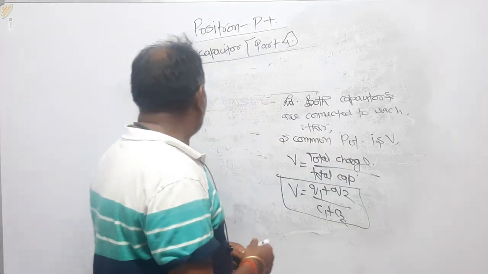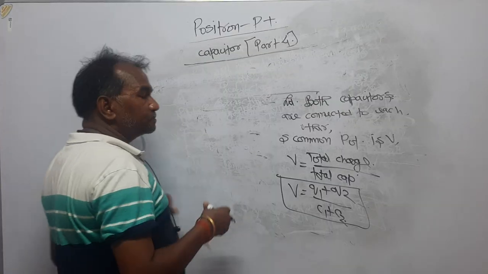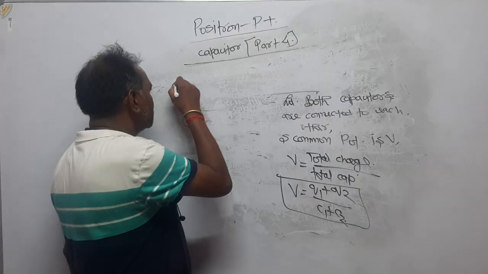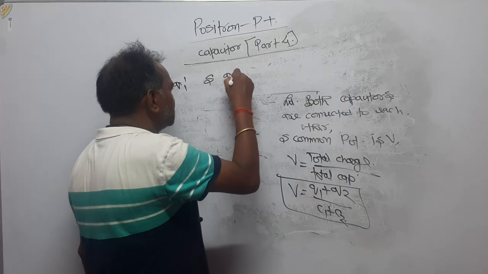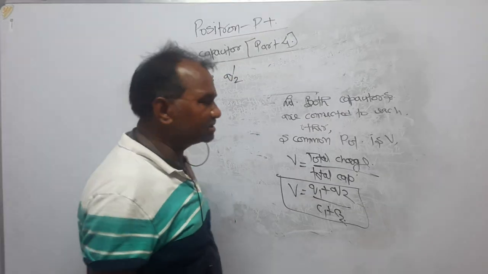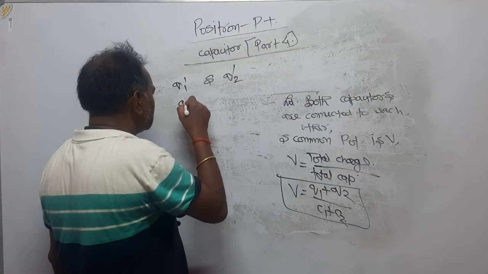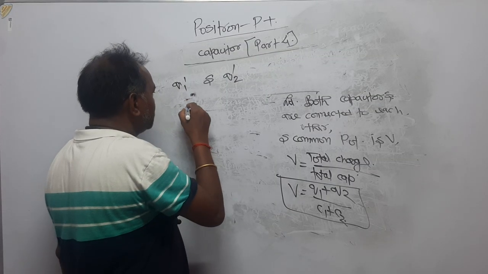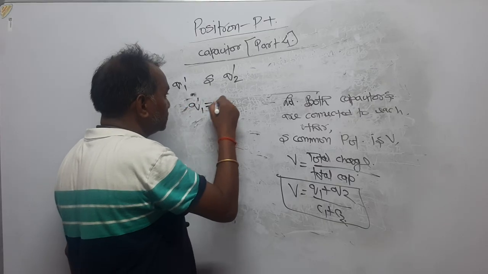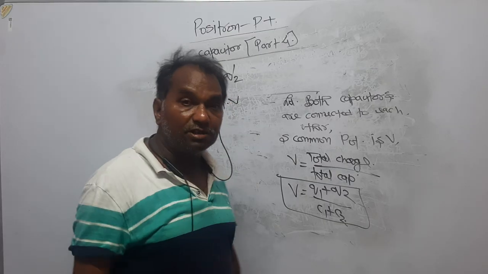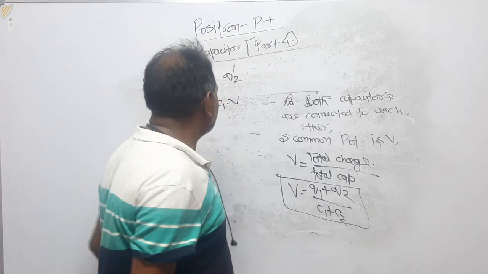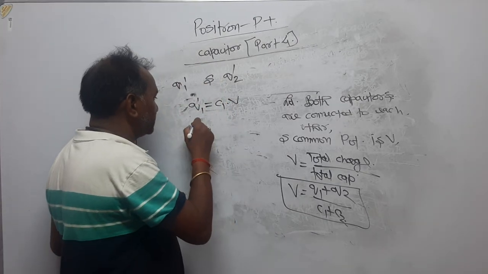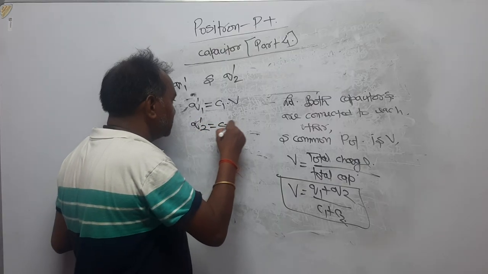Now look here. After the redistribution, let the charges on the two capacitors be Q1 dash and Q2 dash. Then what is Q1 dash over Q2 dash? Q1 dash is equal to C1 times the common potential V, since Q is equal to CV, and Q2 dash is equal to C2V.